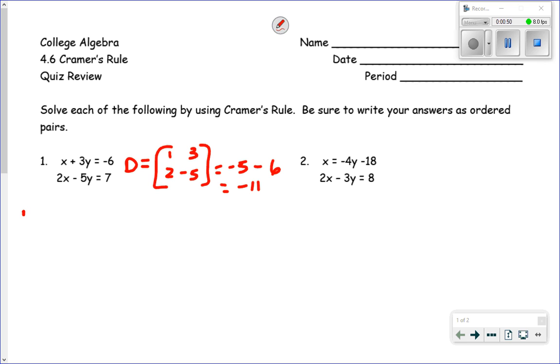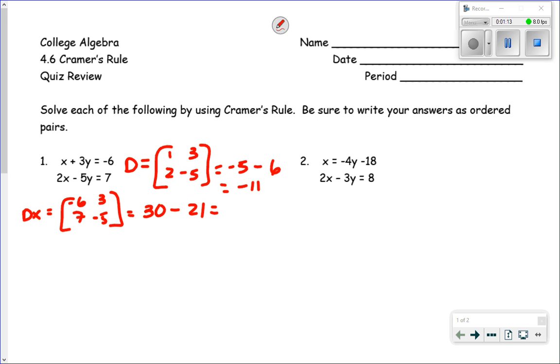Okay, now I need to find dx. So I'm going to take out the x column, replace it with what's to the right, -6 and 7, and then fill in my y's. And then I need to multiply the diagonals. -6 times -5 is 30, minus 7 times 3 is 21.